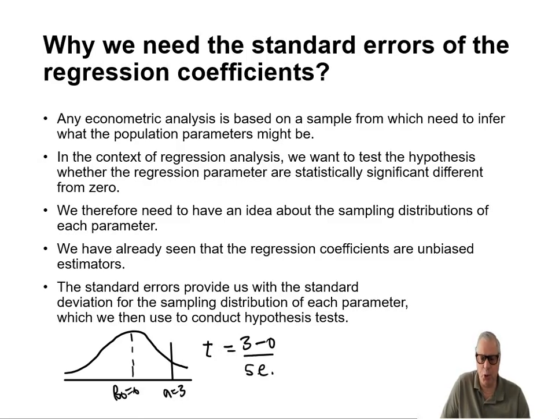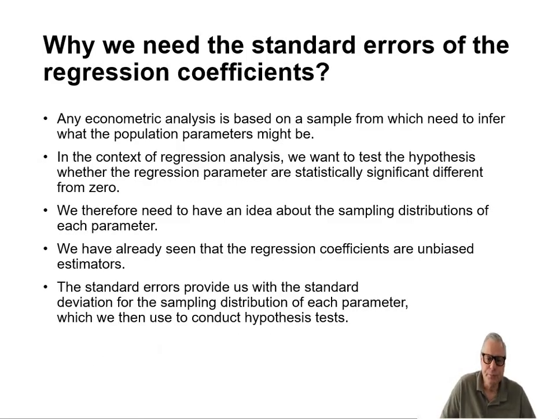So that's the purpose of the standard error. It gives us the variation of the sample intercepts if you were able to take a million samples from the population. Okay, so that's why we need that.